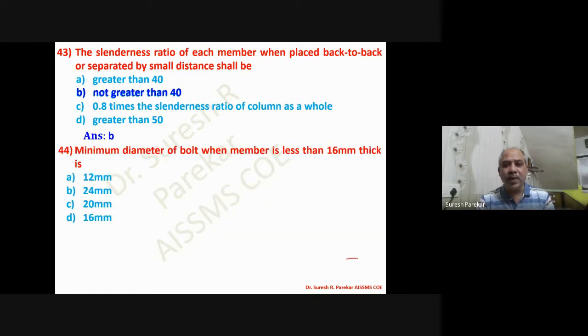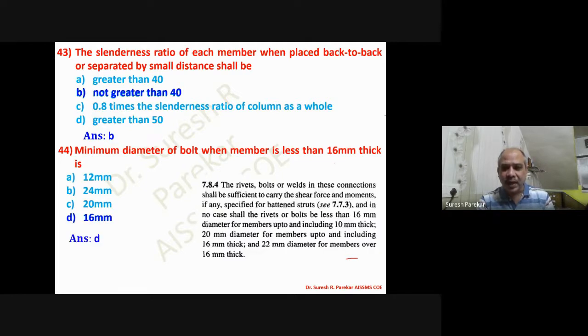Minimum diameter of bolt when member is less than 16 millimeter thick, when less than 10 millimeter thick, we can say. So the answer is 16, and here you can see up to and including 10 millimeter thick we have 16 millimeter diameter.